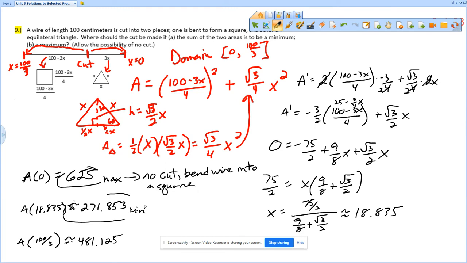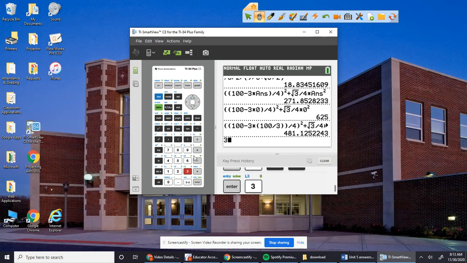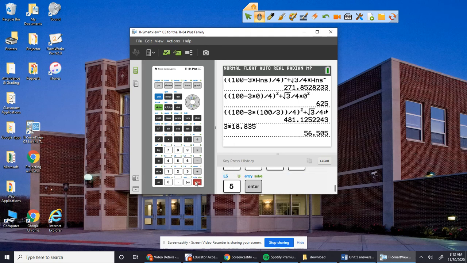And then for the minimum, we're going to cut at what? Well, 3 times that value, 3 times that 18.835. And so we're going to get 56.505.